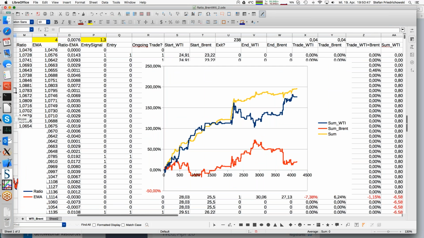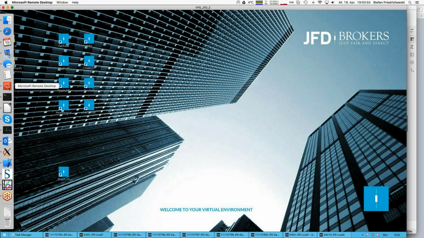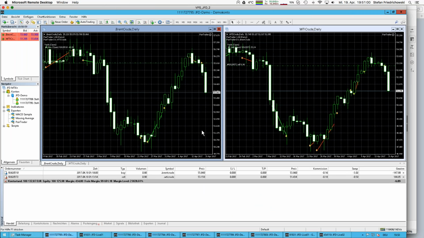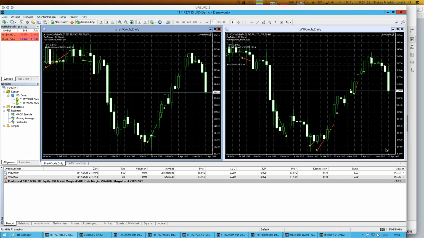And just so you know, that kind of strategy is already in a test phase here, to be implemented directly based on expert advisors. You see an example here. There are 2 trades open now within that strategy, and you can see it on my screen. Hopefully in a second. I will wait, and then it should be visible for you as well. So we have 2 charts open, one for Brent, one for WTI at JFD Brokers.